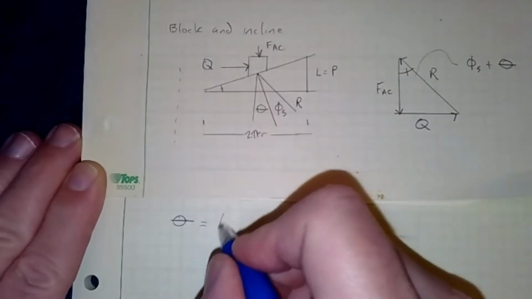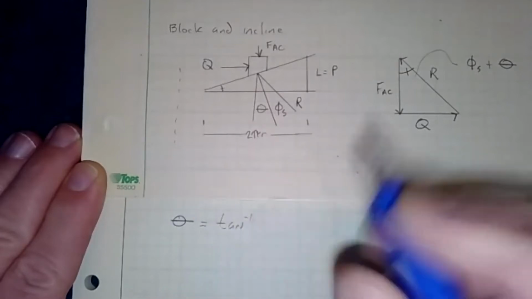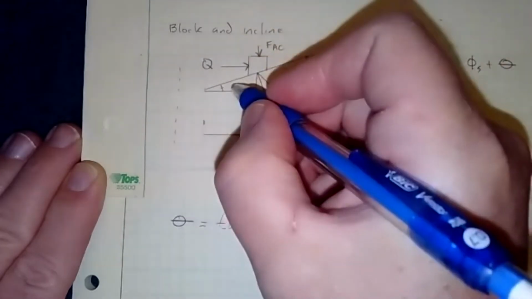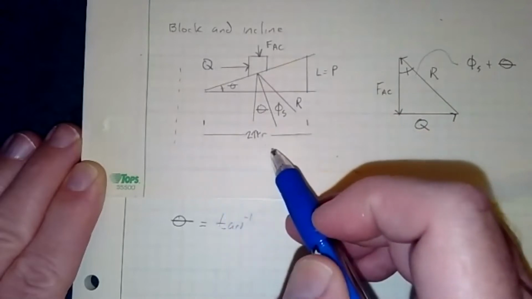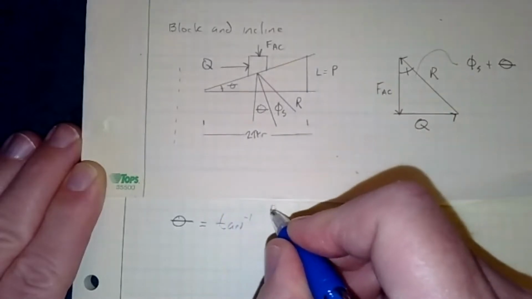It's going to be equal to the inverse tangent, because this is theta here, so it's going to be P over 2 pi r, P opposite over adjacent.